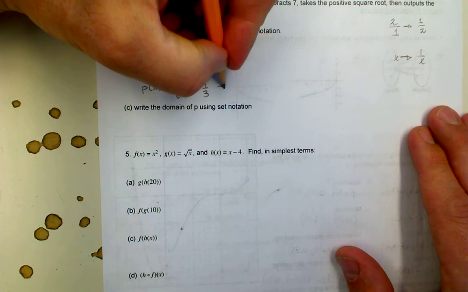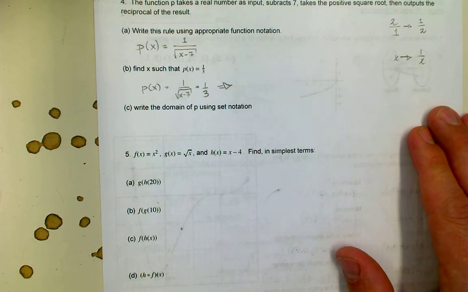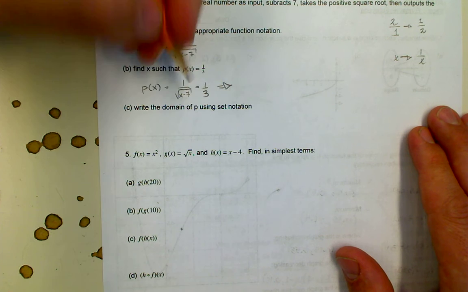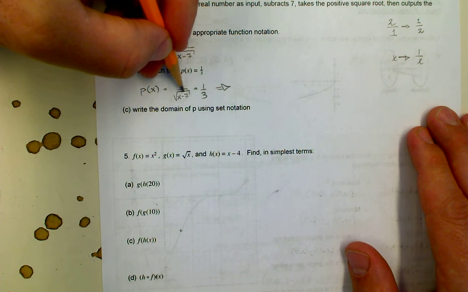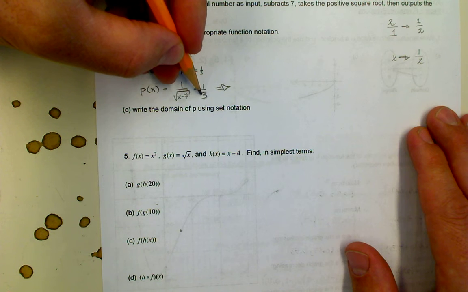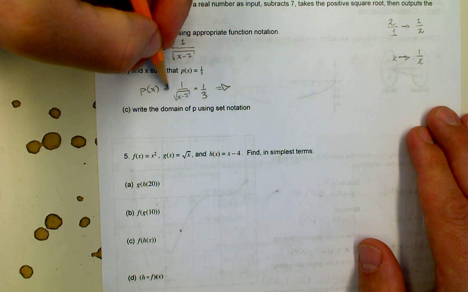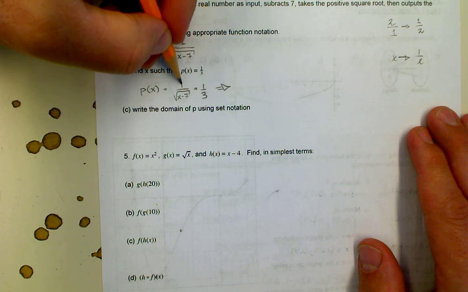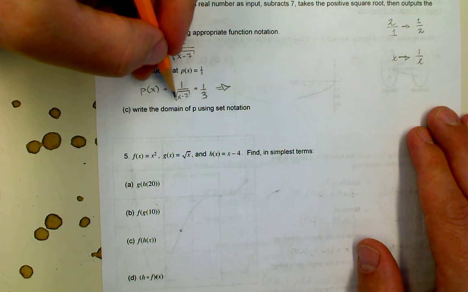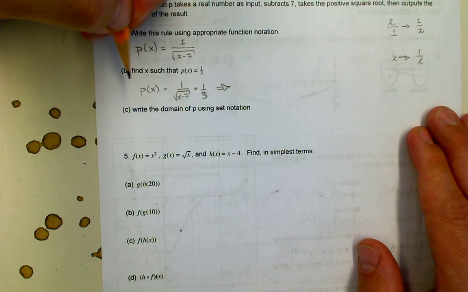From here, I just noticed that if the numerator is 1 and this denominator equals 3, then this denominator also has to be equal to 3 because the numerator over here is 1. So these have to be equal.